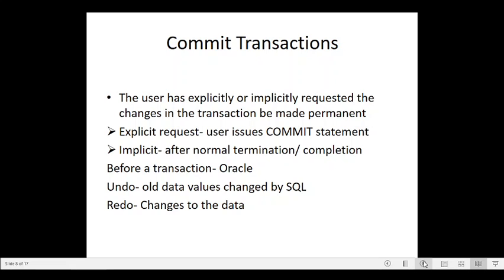Now let's see what is a commit transaction. Committing a transaction means making permanent the changes performed by SQL statements within the transaction.